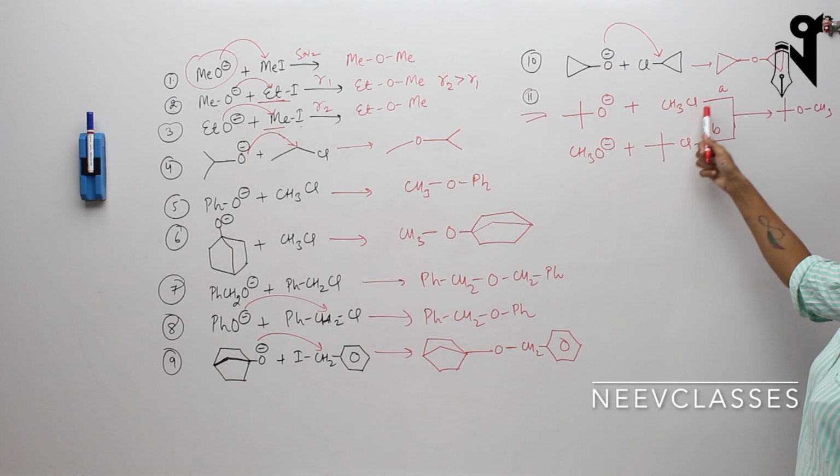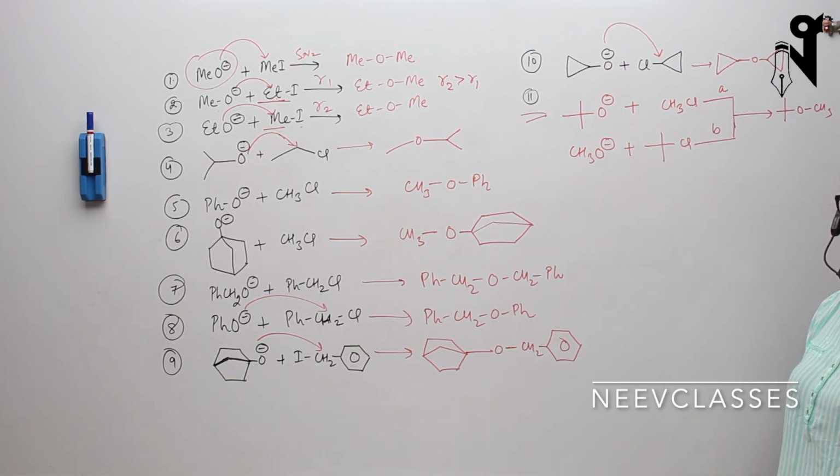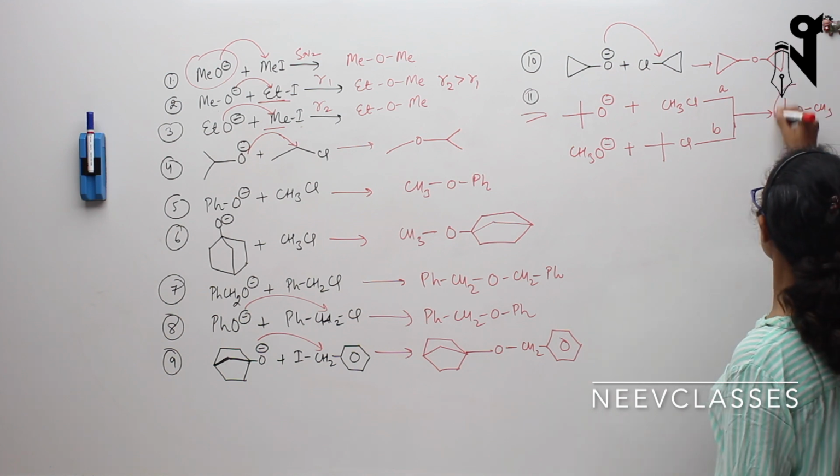This reaction is pathway A and this reaction is path B. Now tell me which path will be the best path according to Williamson ether synthesis to form this molecule.